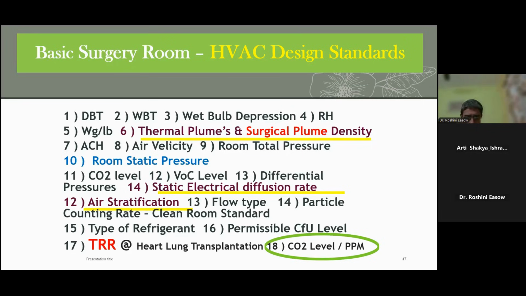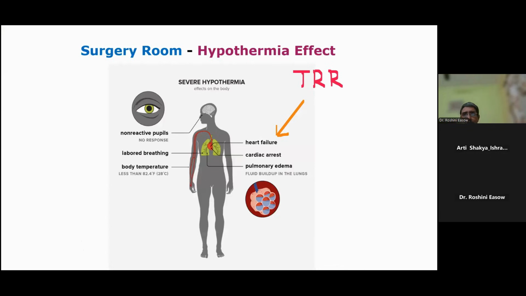For this, I have received plenty of mails asking me to explain how to design or incorporate TRR in a surgery room. As you know, we are very short of time, so I will discuss very shortly what happens. When we have a body temperature, there is a skin temperature and an invasive temperature. They are not the same. When open heart surgery or cardiovascular thoracic surgery is happening, your inner temperature becomes very cold because the doctors keep it around 18, 19, 20 degrees centigrade.